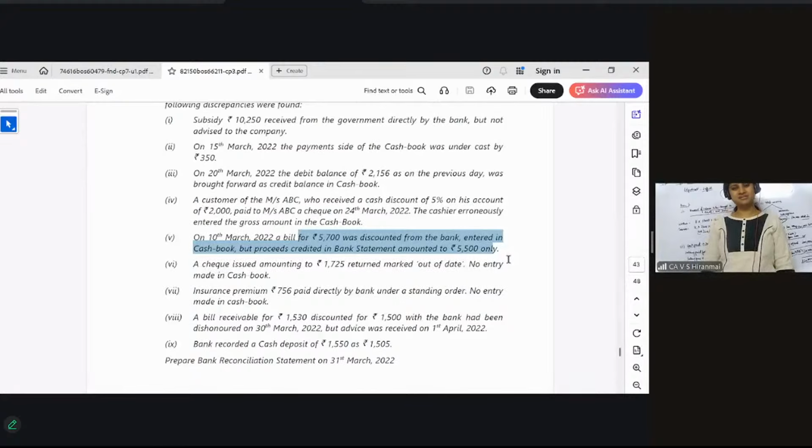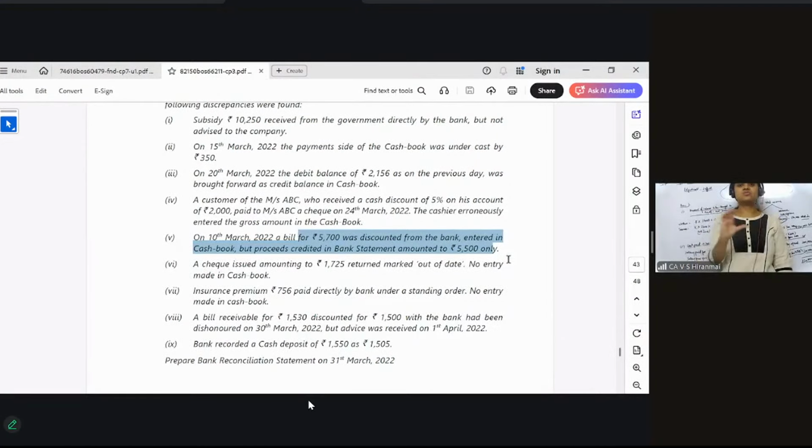Now you tell me, which book is more? Obviously the cash book is more.